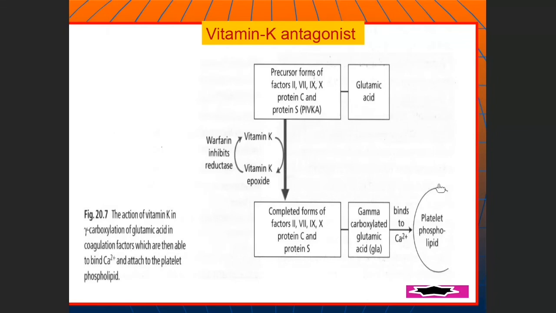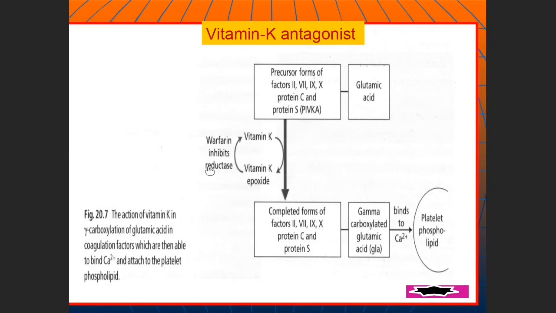When vitamin K is used for production of these active forms, it is converted to inactive vitamin K epoxide. Vitamin K epoxide is reduced by an epoxide reductase into active vitamin K. Okay, warfarin inhibits this enzyme. It inhibits the reductase enzyme, and thus it prevents the conversion of inactive vitamin K epoxide into active vitamin K. So warfarin is a vitamin K antagonist by inhibiting the reductase enzyme.